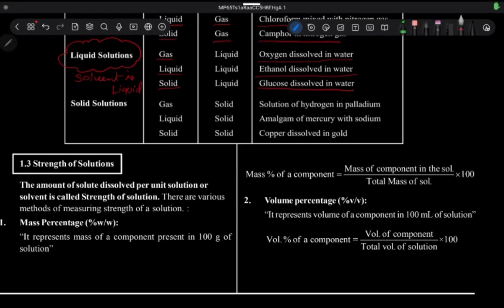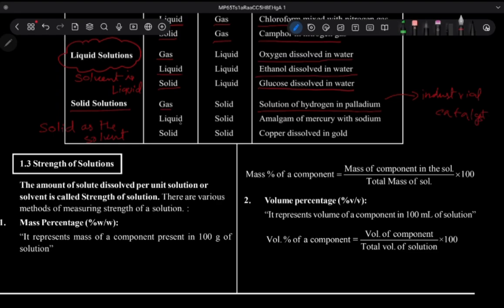And the last is where solid is the solvent. If we take gas as a solute, the example is a solution of hydrogen in palladium. It is an industrial catalyst.